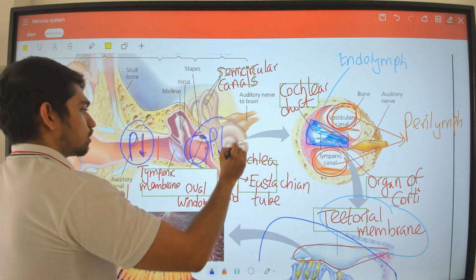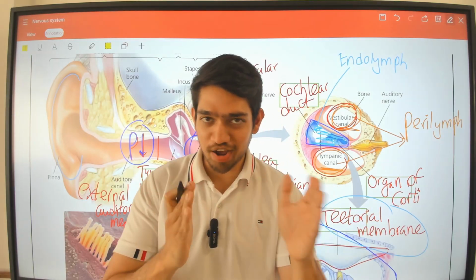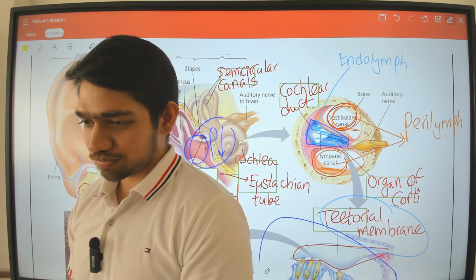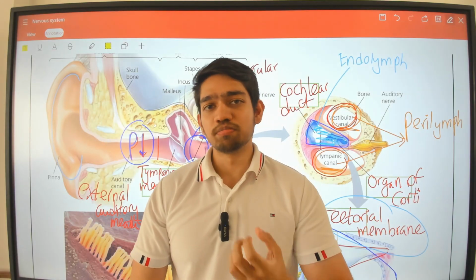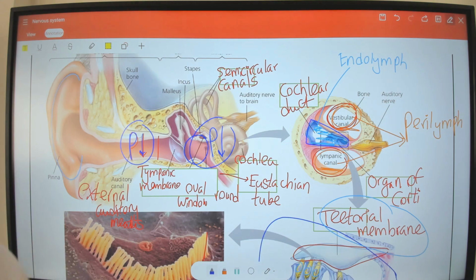So both pressures are going to be equalized. So the uncomfortable feeling at the tympanic membrane is going to go away. You can either start chewing gum or drink some water, swallow some saliva. Do something like that. So that is the function of the eustachian tube.